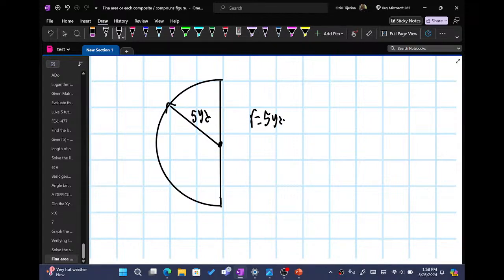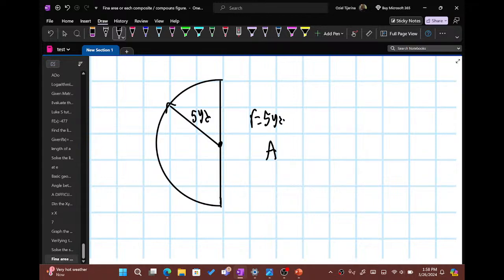It's hard to draw it. Again, it's not drawn to scale. These shapes are not easy to draw. But let's see. Give me a second, guys. So really, this is half a circle.